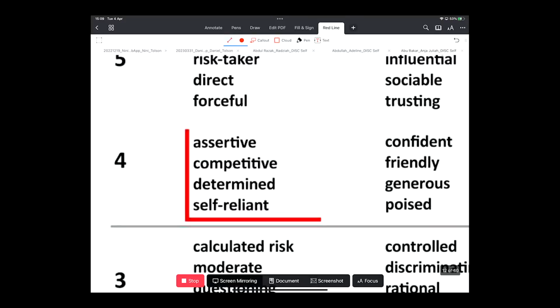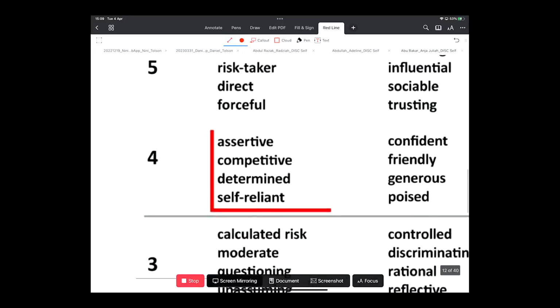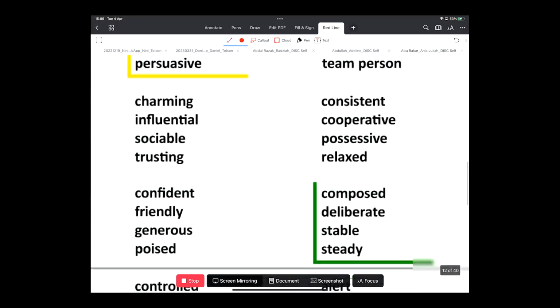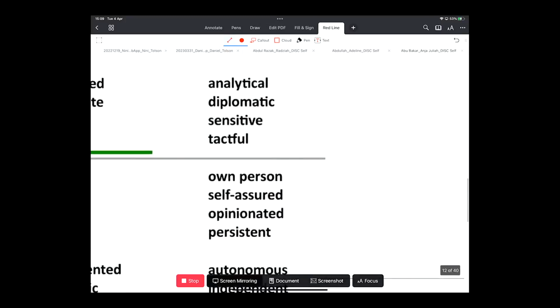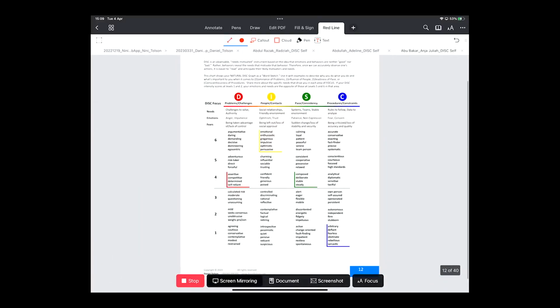What I like to do is look at the client and figure it out for myself. Is this person assertive and competitive, competitive or determined, assertive and determined, assertive and self-reliant? Which of those 2 words am I going to choose? Essentially, you're going to choose 2 of these descriptive words from the word sketch. These are the words that you're going to work with for their point style.